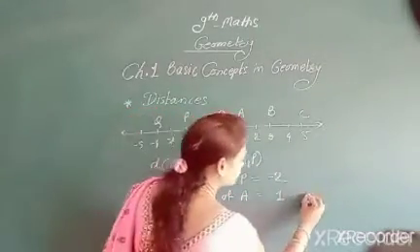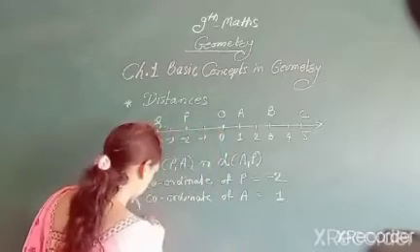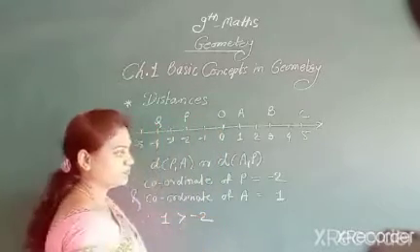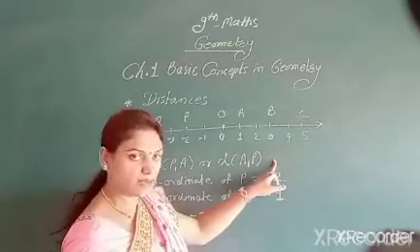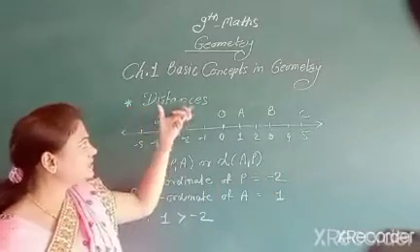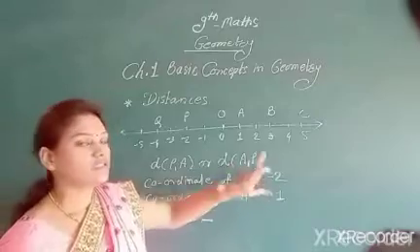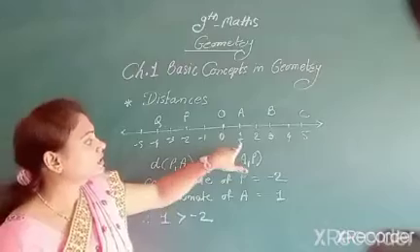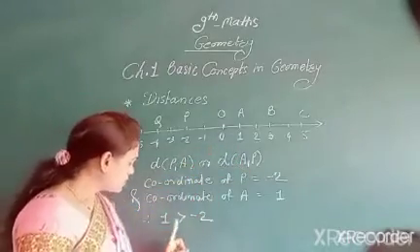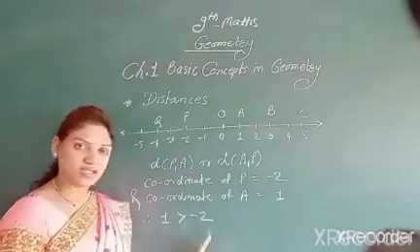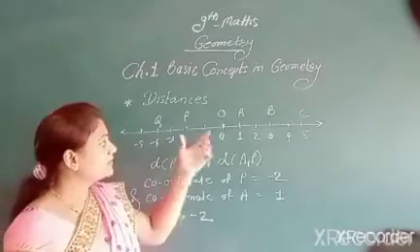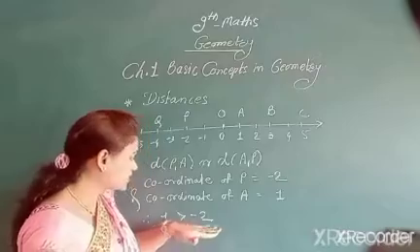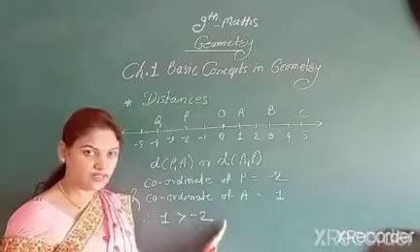Here 1, therefore 1 is greater than -2. So how to find the distance between these 2 points? The distance between 2 points is obtained by subtracting the smaller coordinate from the larger coordinate.